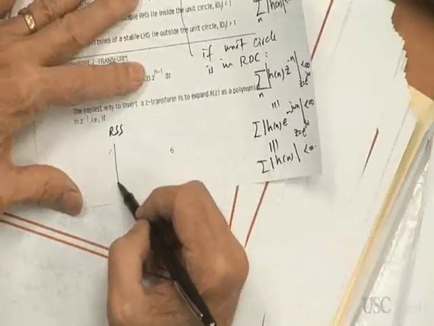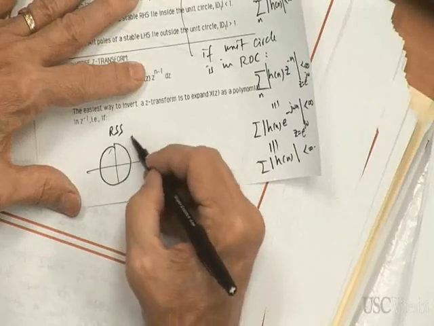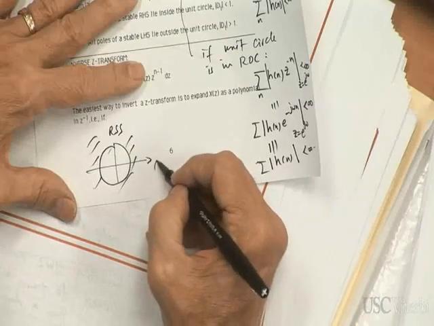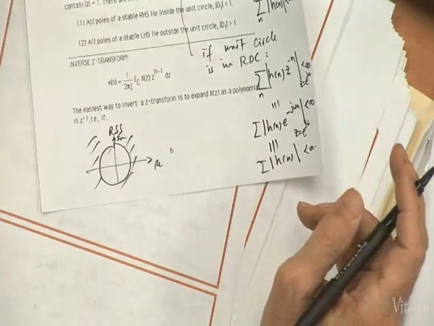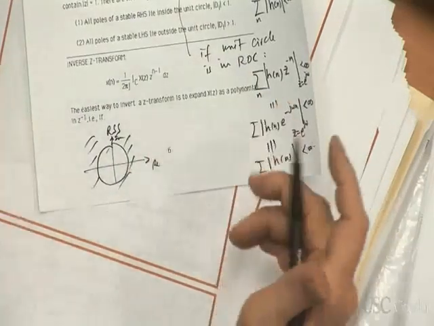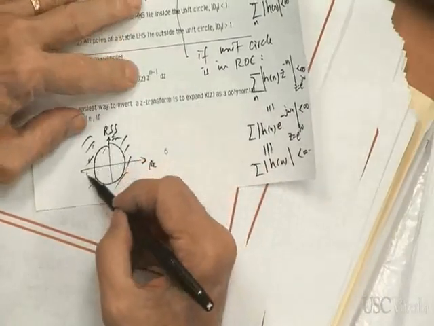Look at its region of convergence. The ROC is exterior to a circle in the complex plane, with real and imaginary parts of z. Think about this. What would it take for the region of convergence, which is out here, to include the unit circle?